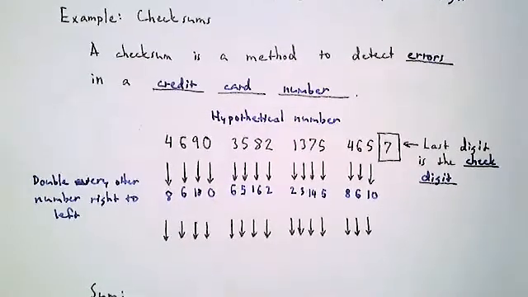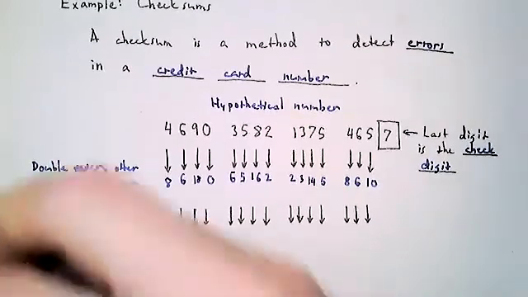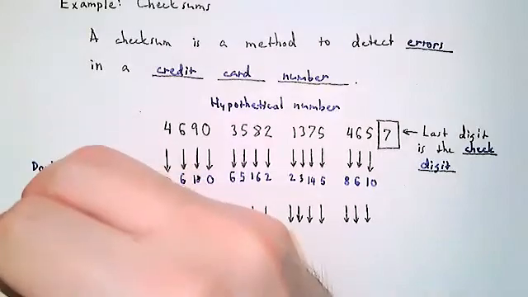The next step in the process is to add together any 2-digit numbers that we just created. So add the digits of any 2-digit number.